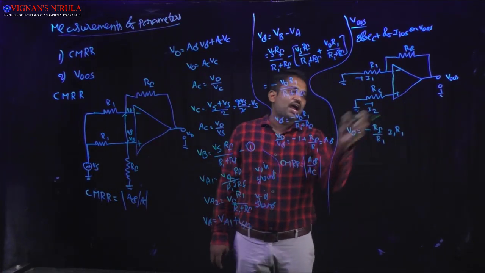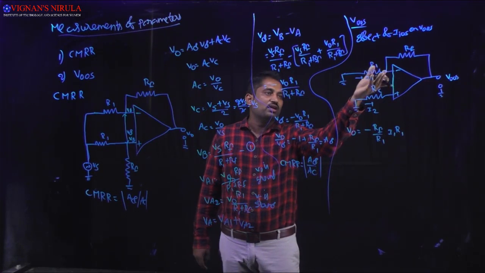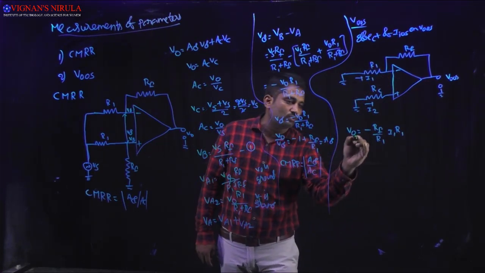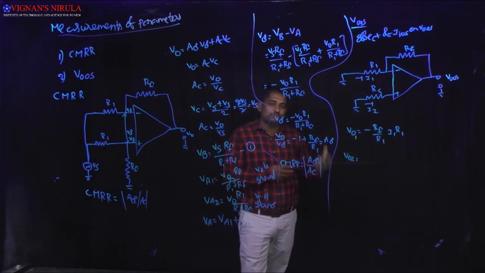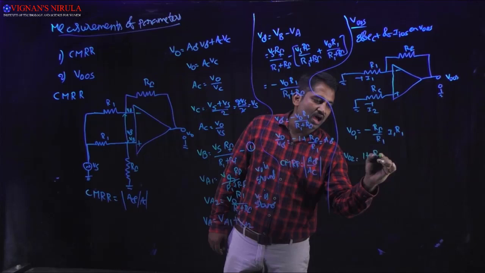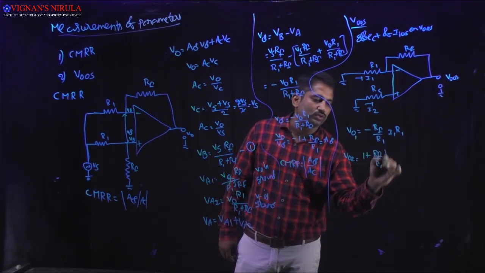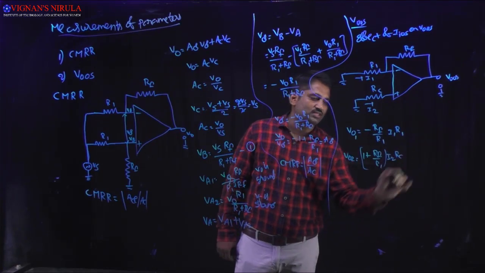Next, I2 at the non-inverting terminal is active and the inverting terminal is connected to ground. Now V02, that circuit becomes a non-inverting op-amp, so it becomes 1 plus RF by R1 into I2 into RC.